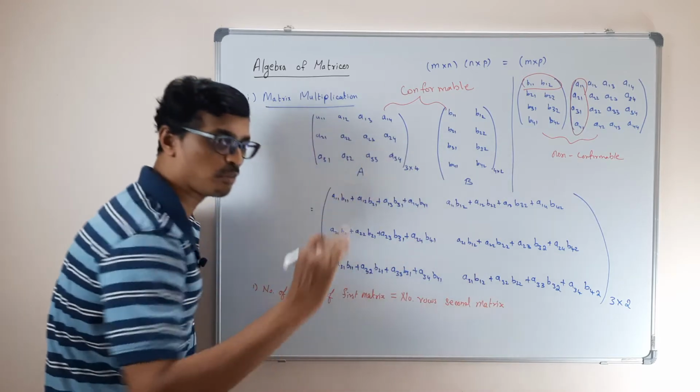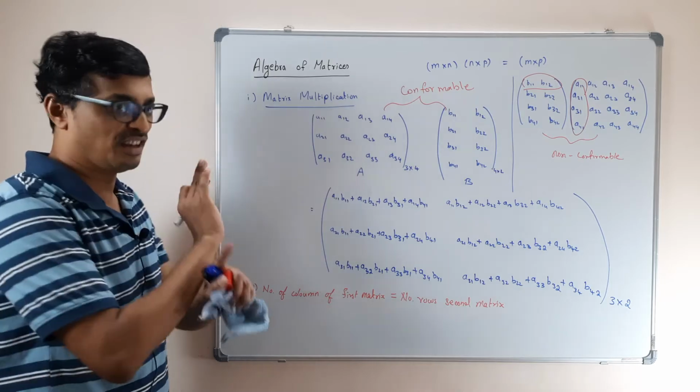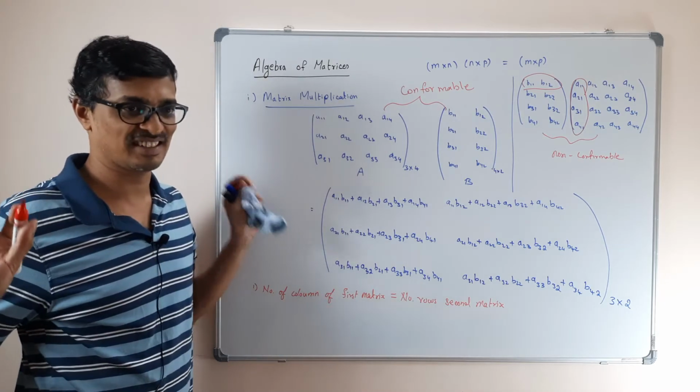This is one interesting property we have seen. If it is not satisfied, then you can't multiply those two matrices at all.